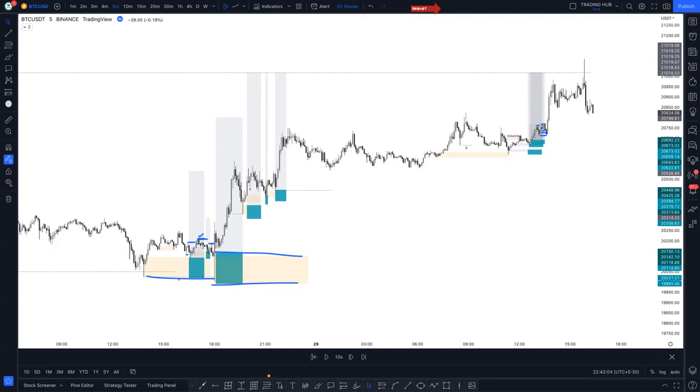As a day trader, which process should we follow, like daily time frame first? First of all, check and mark the previous day high or low, correct?